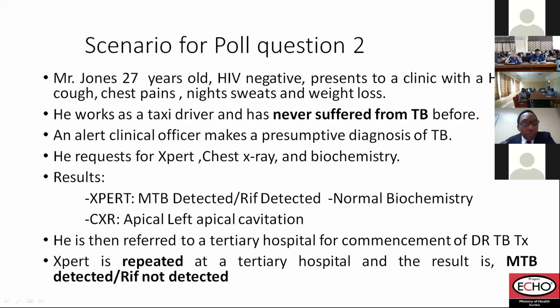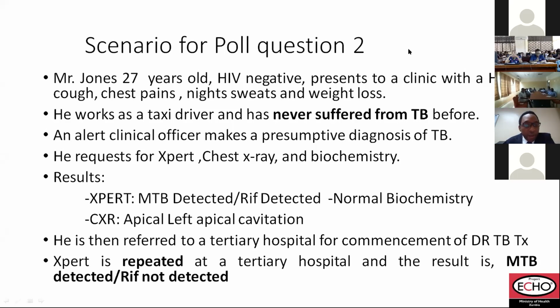The results come back and they show that the patient has MTB detected and RIF detected, meaning the patient has TB and also rifampicin resistance. The biochemistry tests that you requested are normal. The chest X-ray that you've done and reviewed shows that this patient has left apical cavitation.